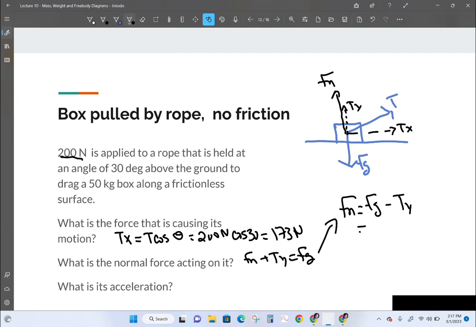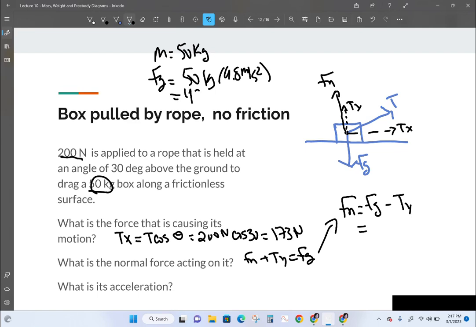Well, Fg, this is a 50 kilogram block. So mass equals 50 kilograms. Fg equals 50 kilograms times 9.8 equals 490 newtons.